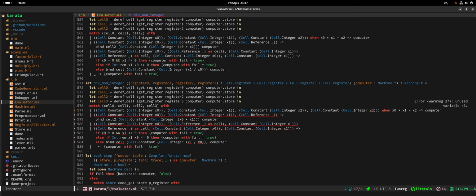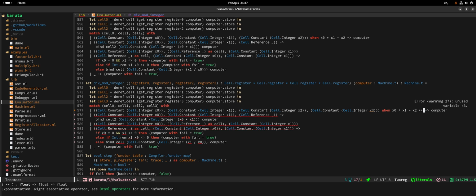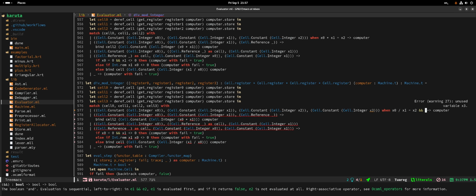Well, in that case, we need to check that the relation actually holds between those four numbers. So we need to check if x0 divided by x1 must be equal to x2, and x0 remainder x1 to be equal to x3. Wait, repeat the second condition there. The remainder of x0 and x1 needs to be equal to x3.